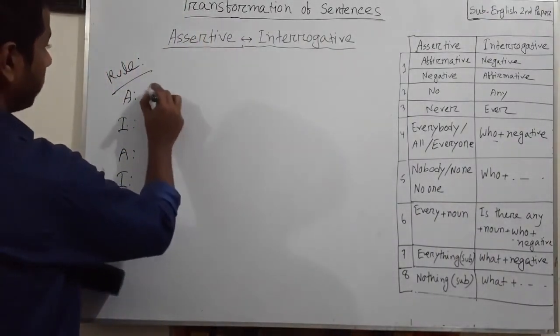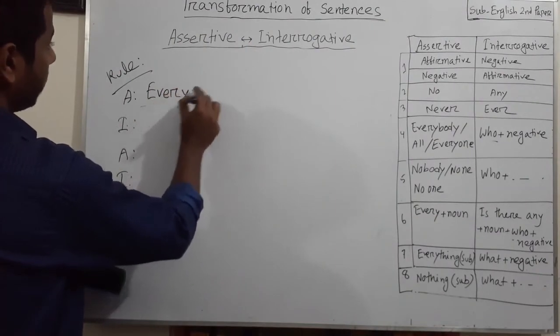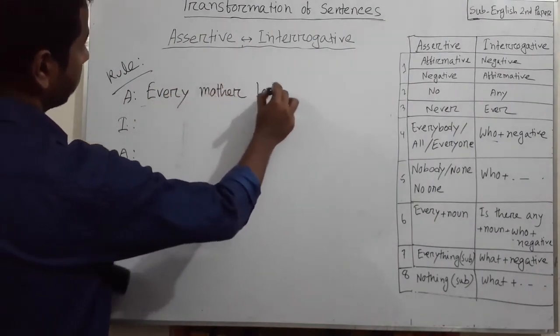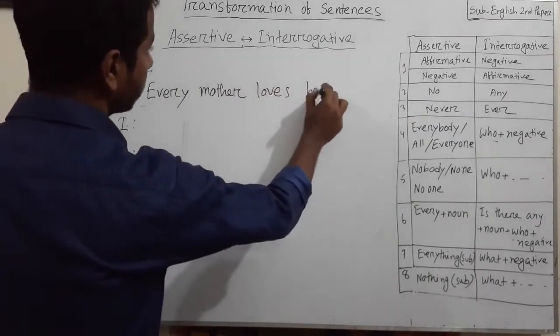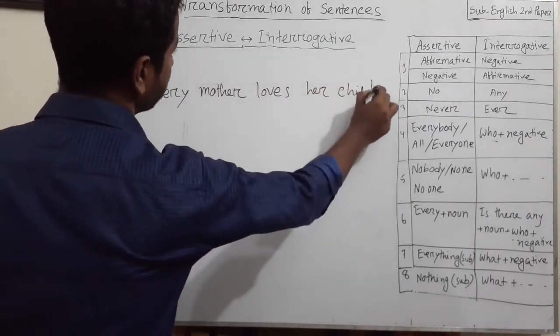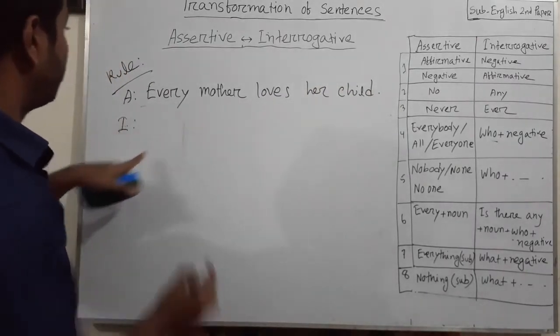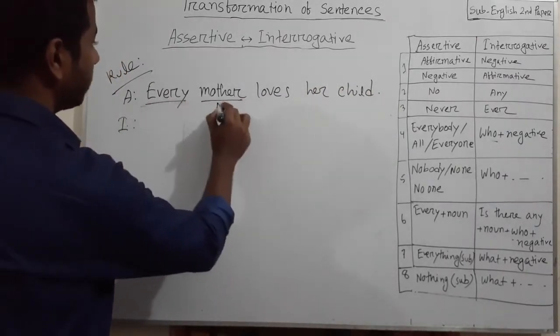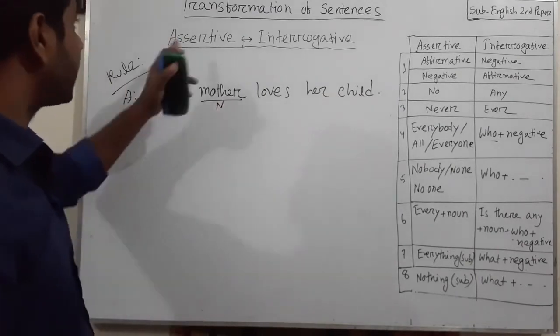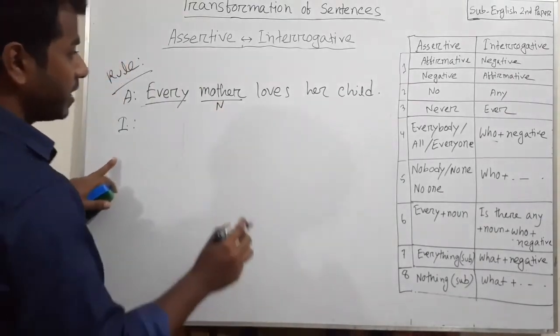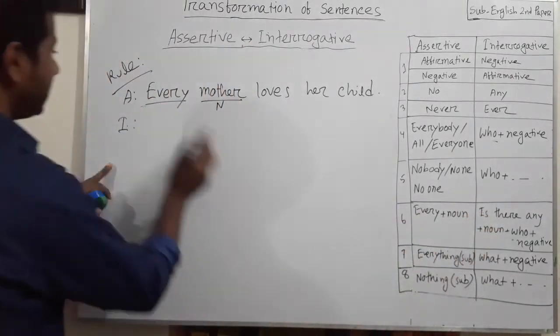For example, every mother loves her child. So every plus noun: there is every, then a noun. So in the assertive sentence there is every and a noun. Then in the interrogative sentence you have to write is there any instead of every.